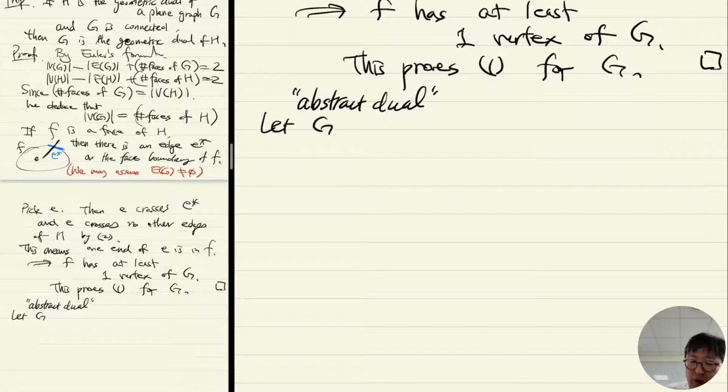So now we're not going to talk about planar graphs. We just say that G and H are graphs.